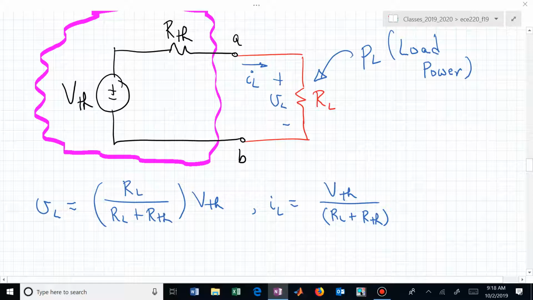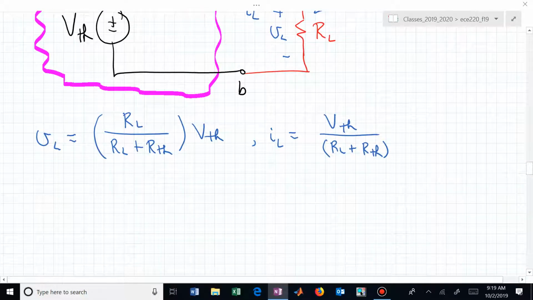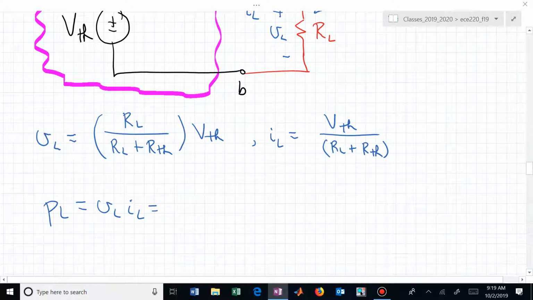We're wanting to maximize power. We have a formula for V. We have a formula for I, and we know power. Power is V times I at that particular element. Let's now build that.